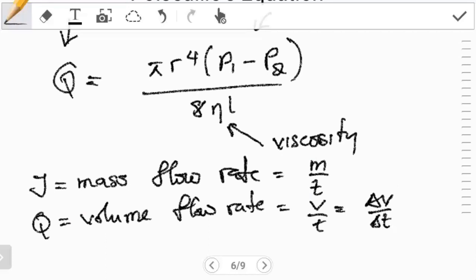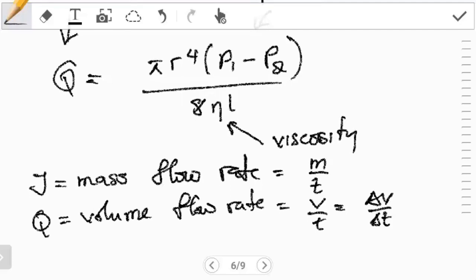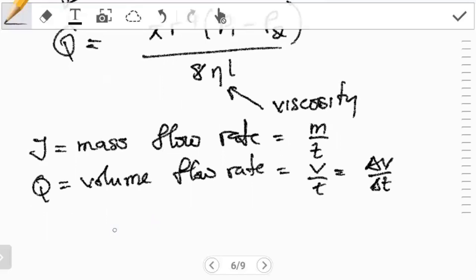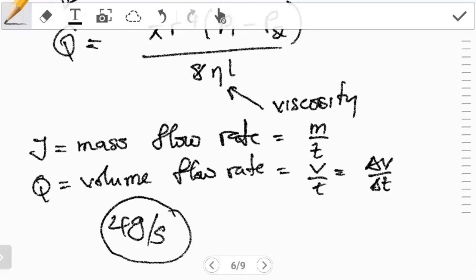Okay. Now, when you're going through a question, it's very important to pay attention to the values that you're being given. The question will just say the flow rate is, let's say, 4 grams per second. So how do you know whether this is J or Q?